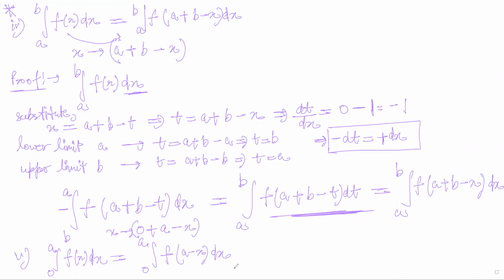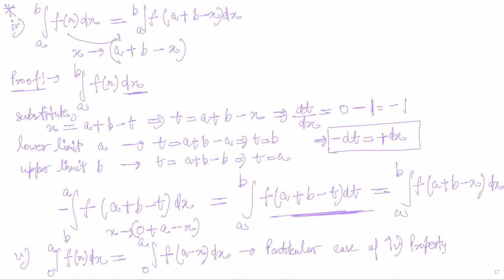If the limits would have been 0 to a, the function would have changed to f of a minus x. We'll see the use of them. So you can say that this is a particular case of the fourth property.